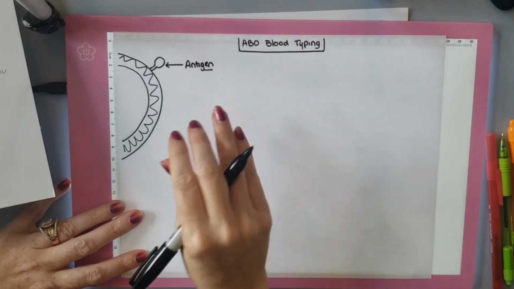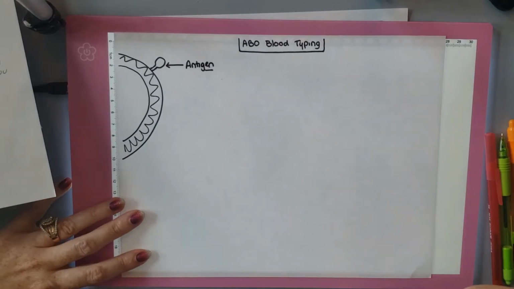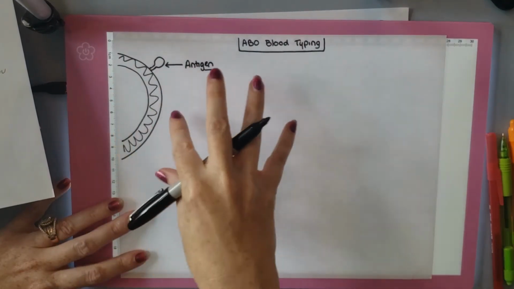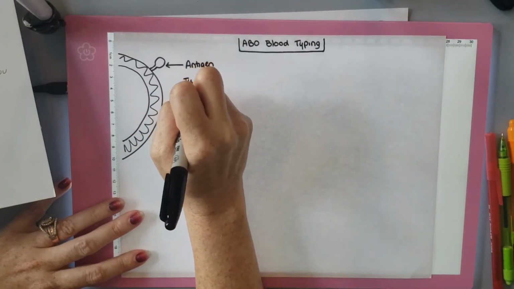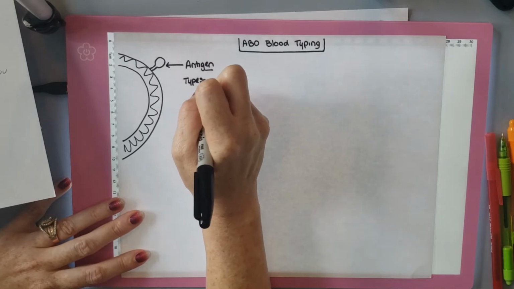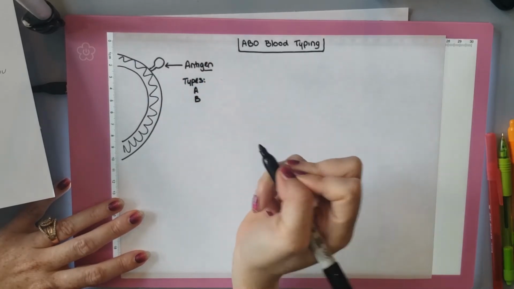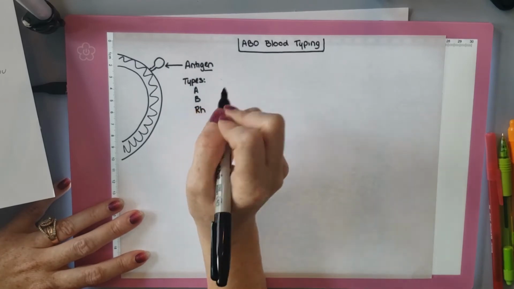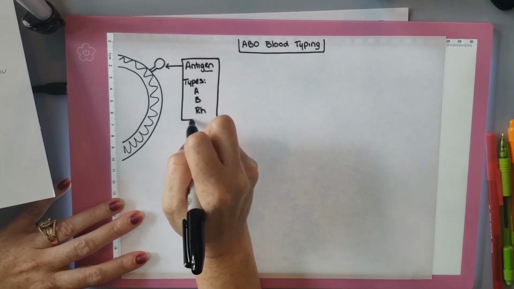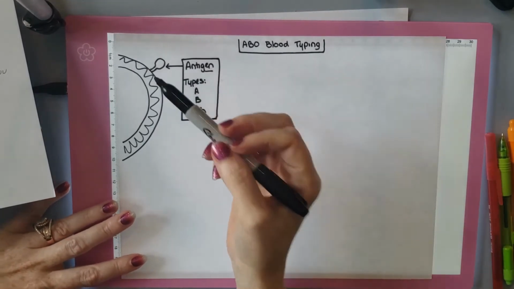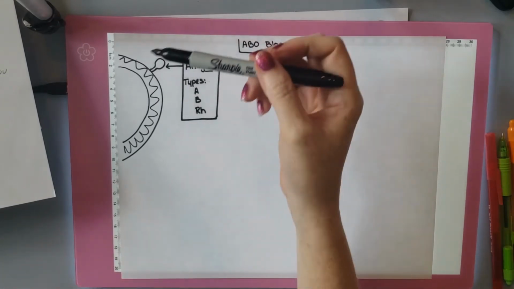Okay, so the possible types, now this is only for blood typing. There's a zillion types of antigens out there, but for blood typing, there's antigen A, antigen B, and antigen RH. Okay, so each cell in our body has whatever our blood type is, whatever that antigen is.